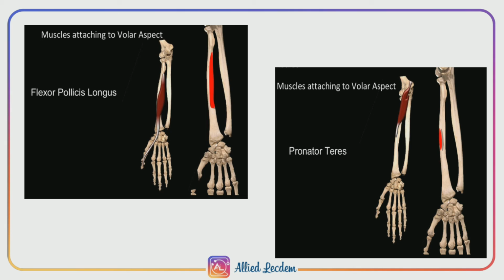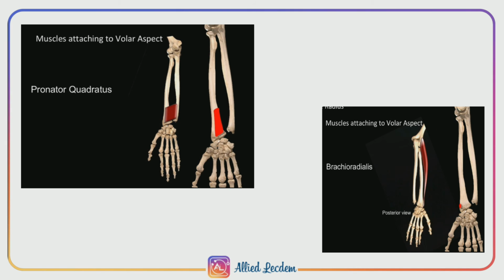Flexion of the wrist is carried out by these muscles: flexor carpi radialis, flexor carpi ulnaris, palmaris longus. The supinator muscle supinates the forearm.